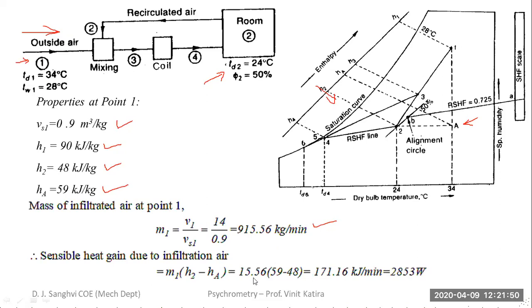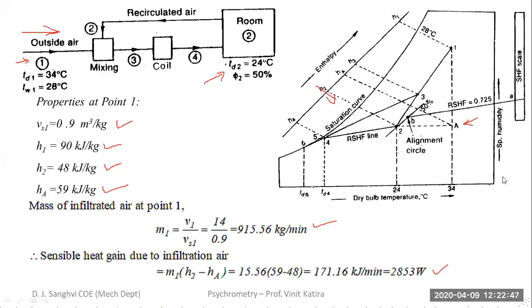So calculate that and tell me how much you're getting, in terms of watts. 2723. I'm getting 2853. Okay, 2723 is also okay.